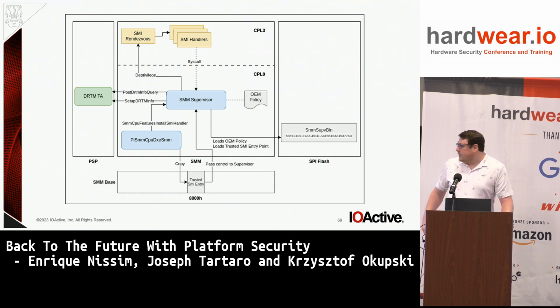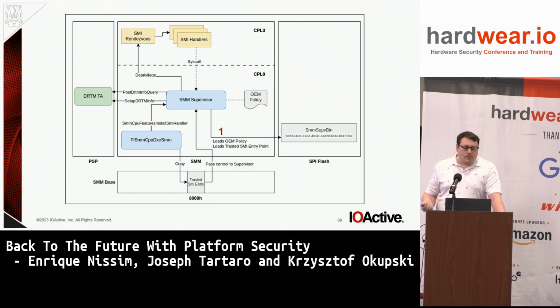So from a very high level, just a walk-through of the initialization and what it does at runtime. The SMM Supervisor in the middle, you can see that's running under CPL 0. That's essentially a new operating system running under SMM. The first thing it's going to do is read out from SPI Flash that SmmSupvBin binary I talked about, and obtain the OEM policy.